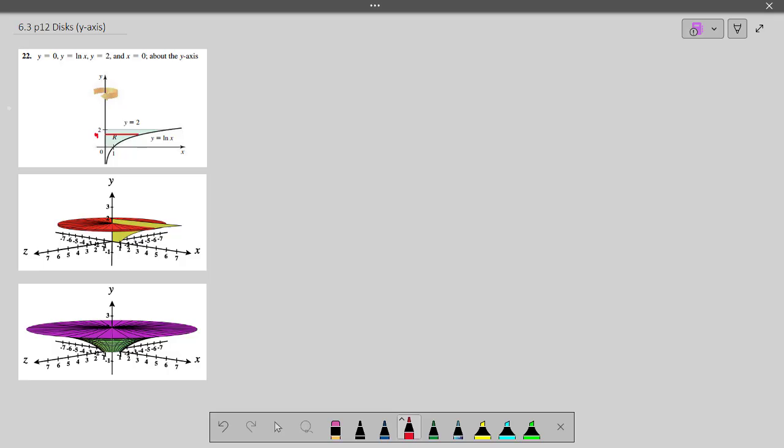That's a horizontal element at a random y value, right there. So now we're going to be integrating with respect to y. We're going to imagine all these horizontal elements between y equals 0 and y equals 2. So all these horizontal elements, and those horizontal elements, when they rotate around the y-axis, are creating disks. Right? They're creating these disks that look like that.